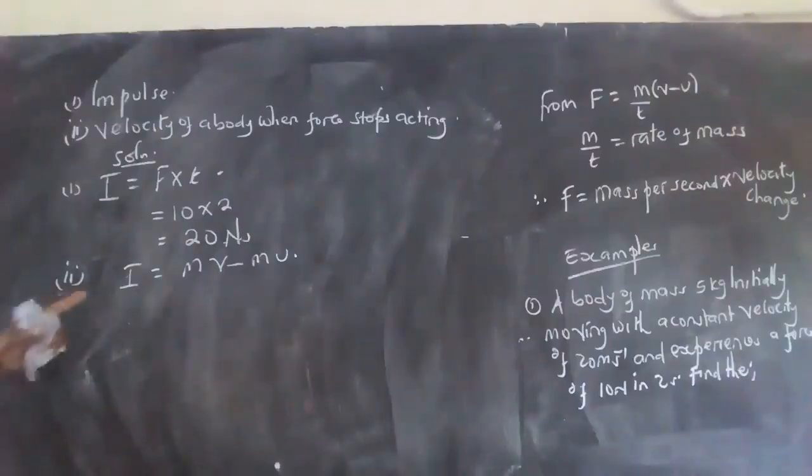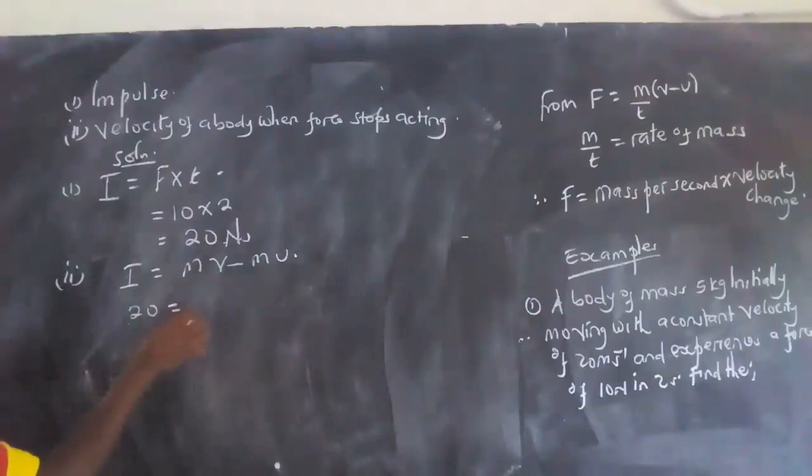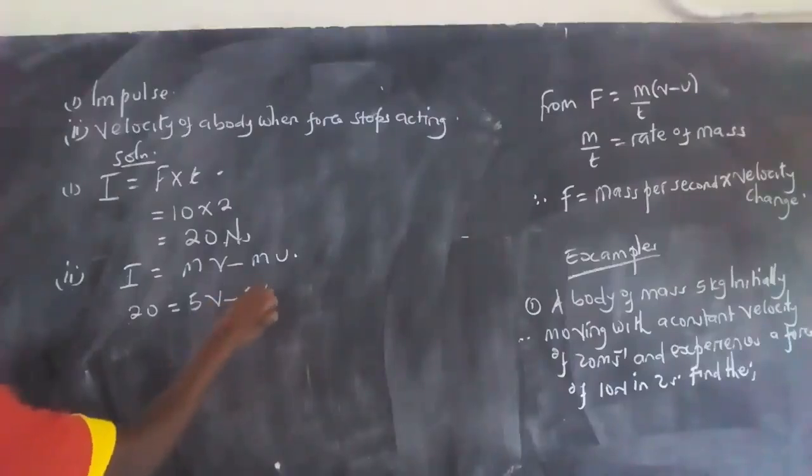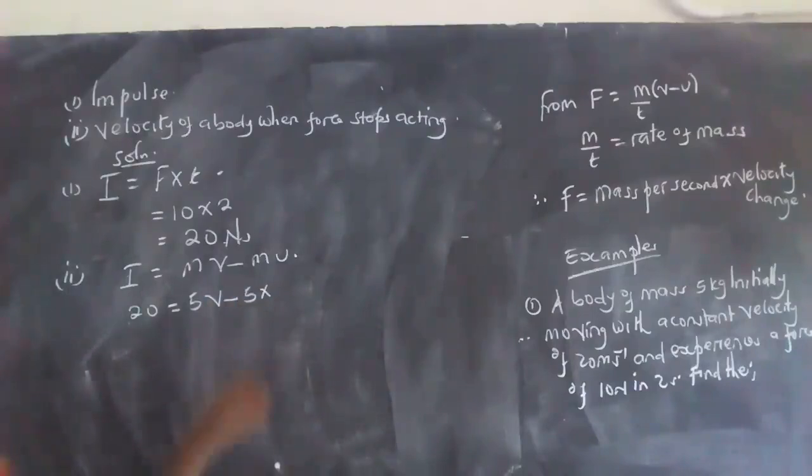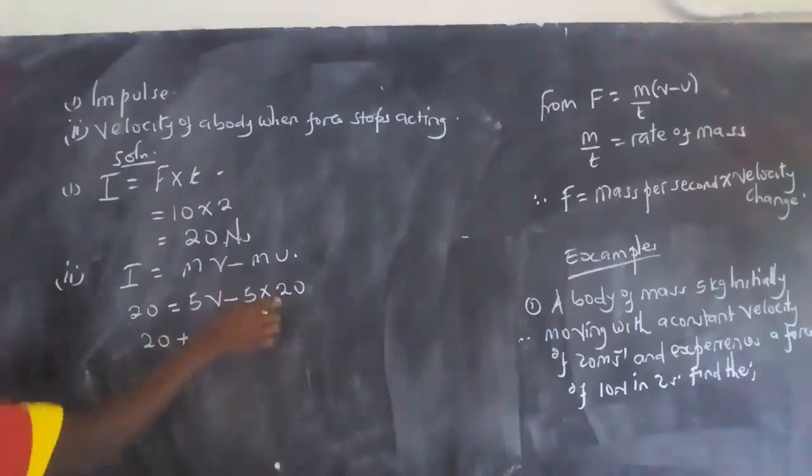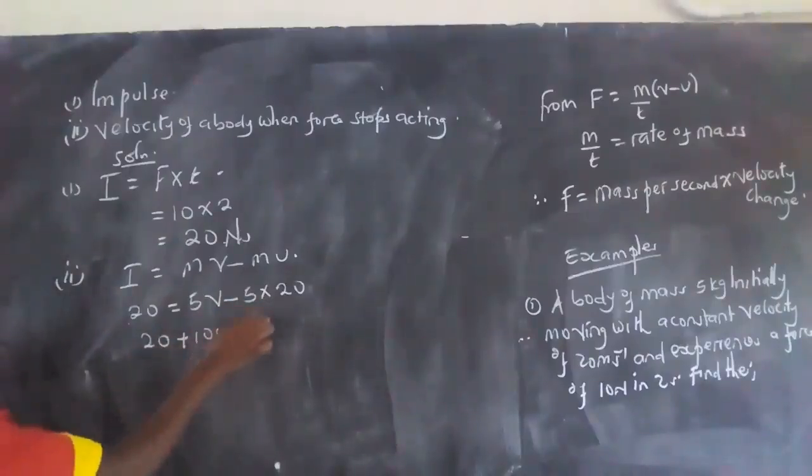So 20 becomes 5 times v minus 5 times u. Initially it was moving with a velocity of 20, so 20 plus 100 is equal to 5v.